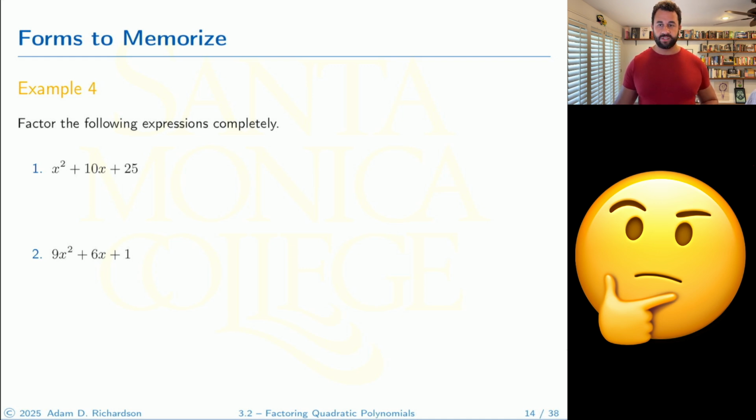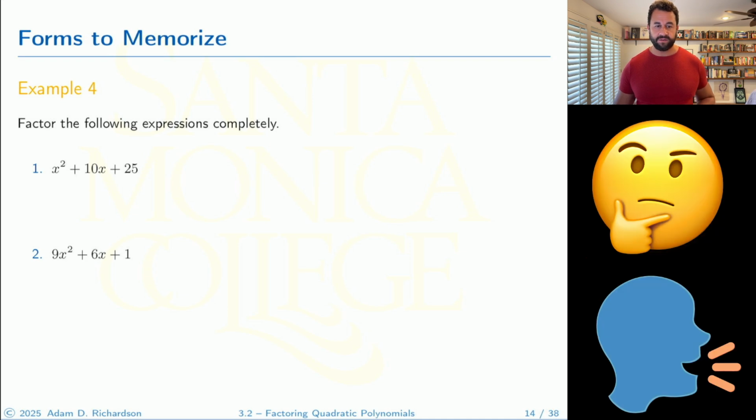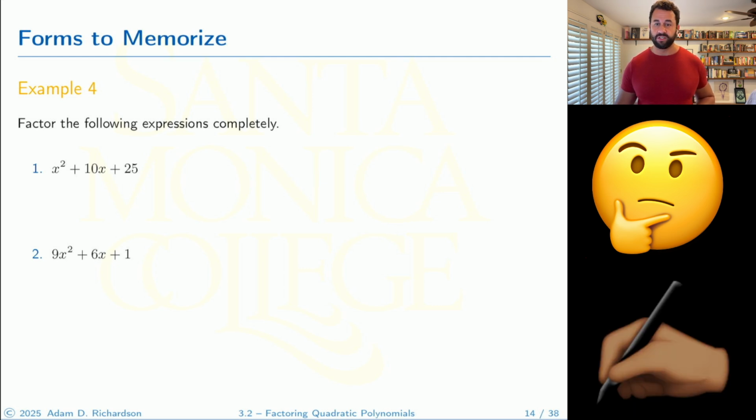Look at the structures. You can use any technique you want to factor. Say something out loud to yourself, and then try to work out these two, and we'll do it together in just a second.